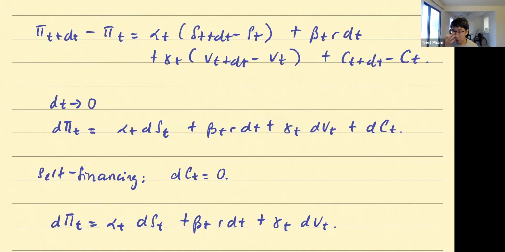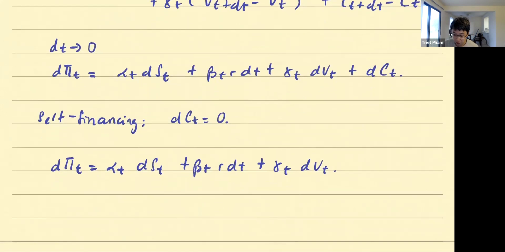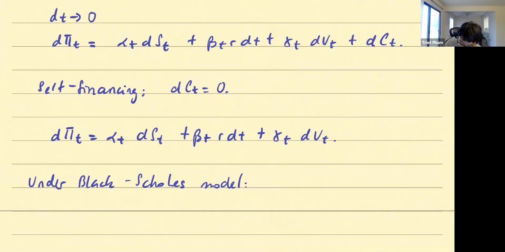So why is this important? Several reasons. First of all, remember, under the Black-Scholes model, the dynamics of the stock price is r S t dt plus sigma S t dW tilde t.